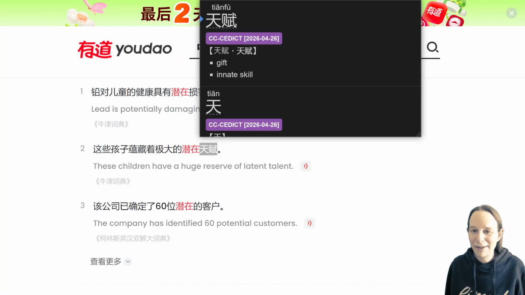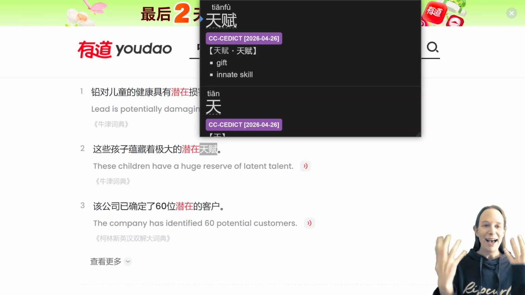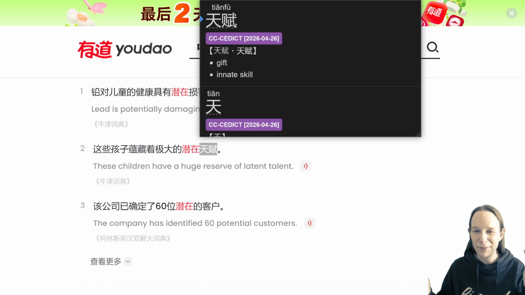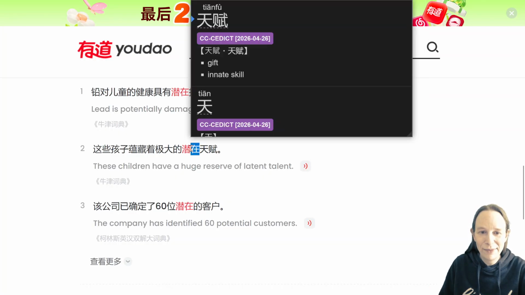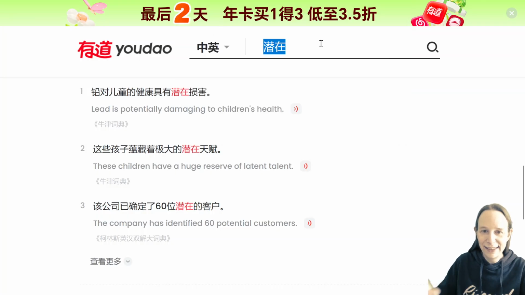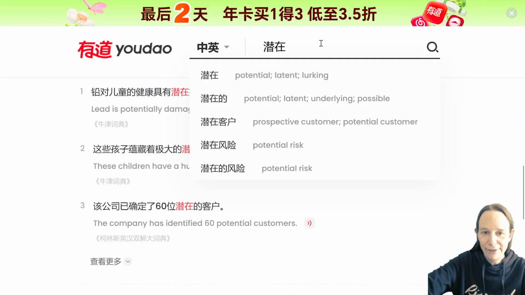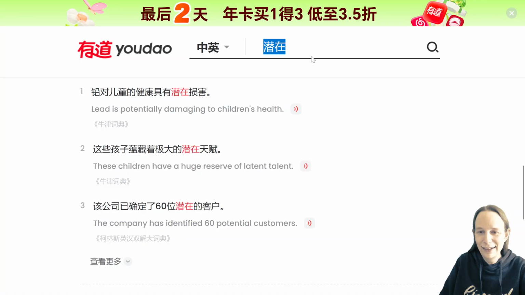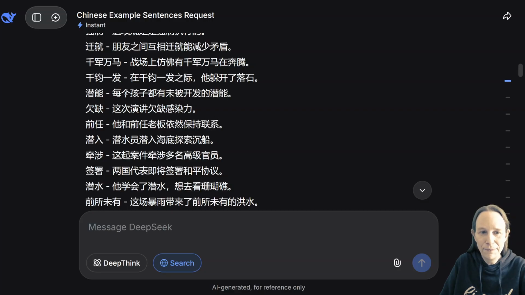Nobody has asked these kids whether or not they can, I don't know, memorize the whole periodic table. Maybe they can. It just hasn't come up. 潜在能力, 潜在风险, potential risk. So it's unrealized risk as well. It can be a negative thing too.